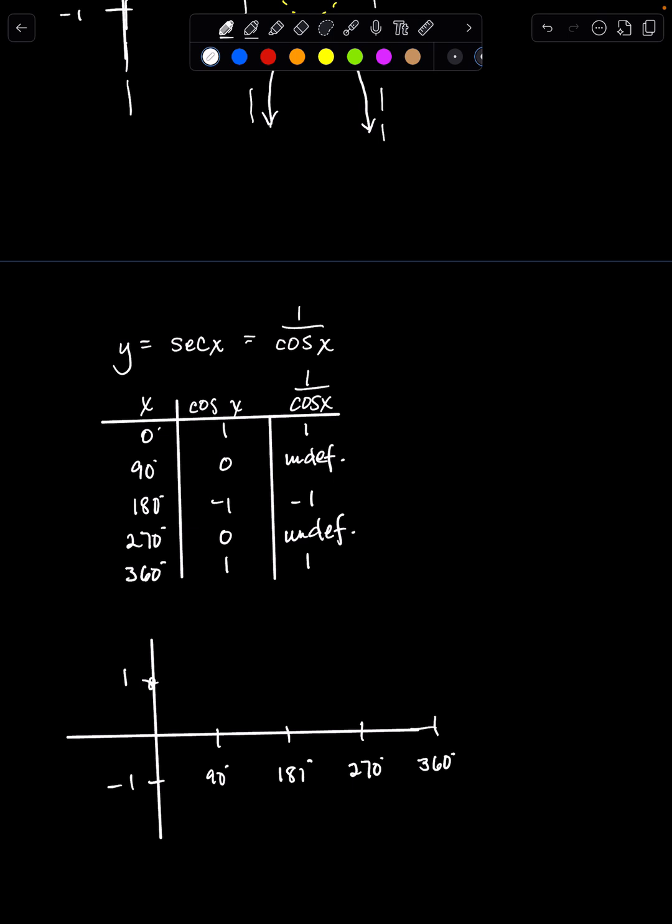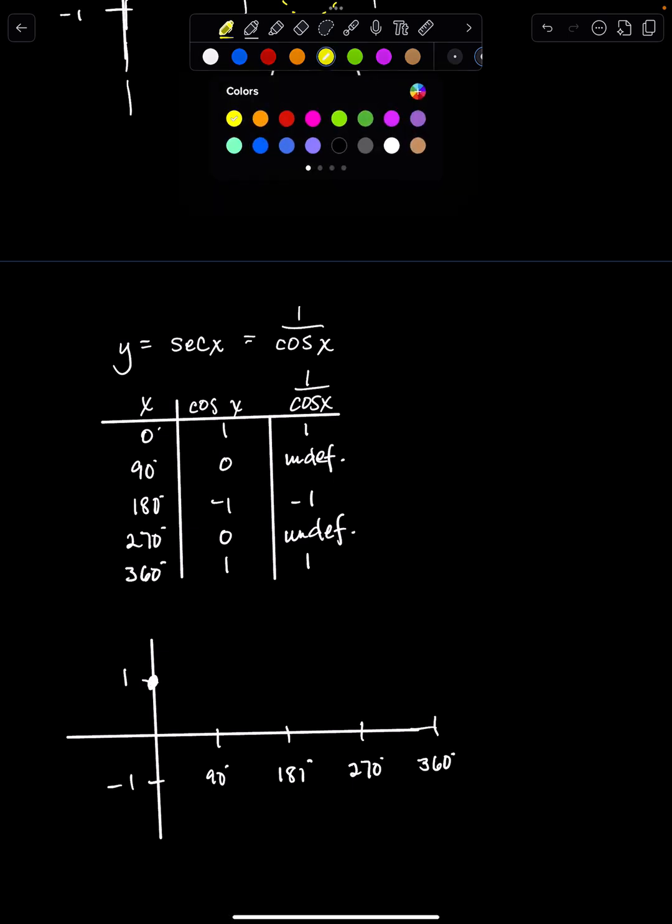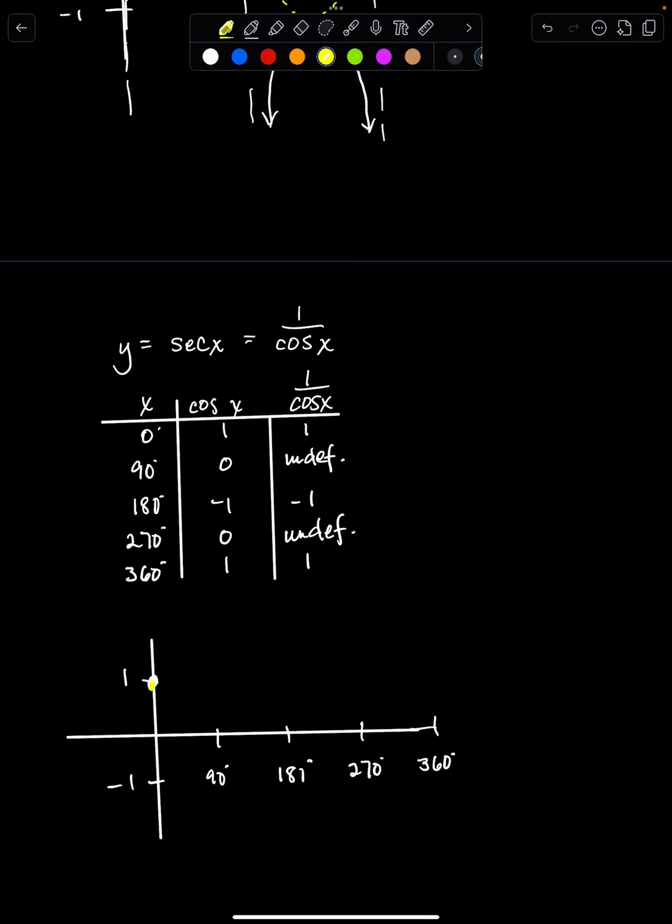So we start at 0, 1, then we go to 0, down to negative 1, back to 0, and then we start all over again with the periodic function. So this is my cosine graph. But we're graphing the secant graph.